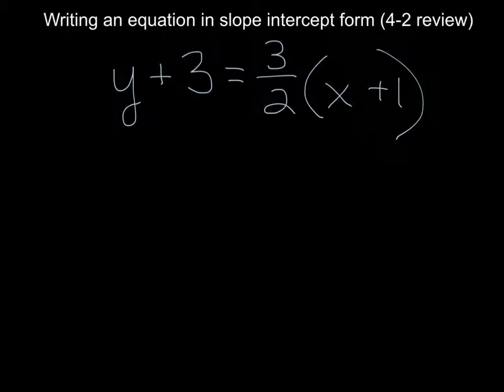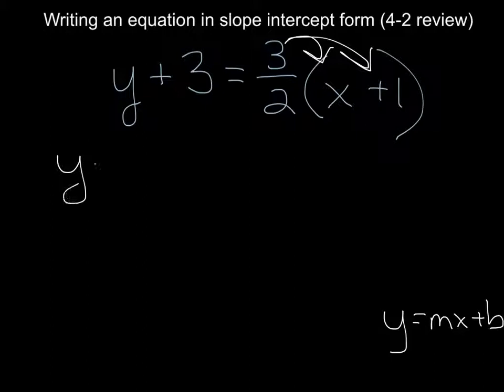We are also able to write point-slope form equations in slope-intercept form. And that form is y equals mx plus b. So you have your equation. Now you're just trying to get the x and everything on the right and the y on the left. So you first want to distribute your slope.